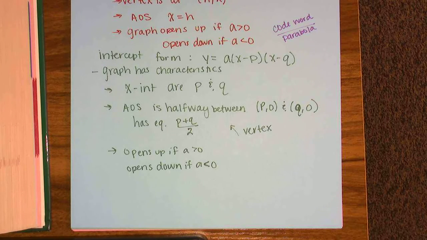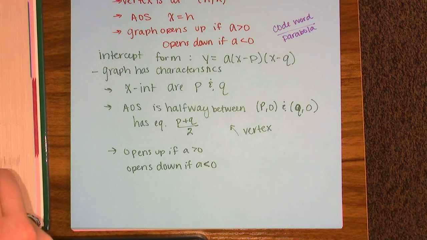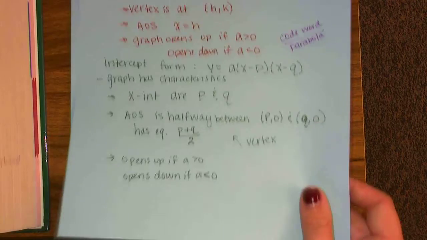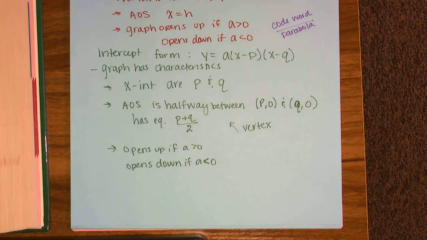Alright, so we have one more thing. You should recognize this, the FOIL method for getting it into another form. So if we want to get something written in vertex form or intercept form into standard form, I'm just going to do this here, and we'll do examples of it in class.